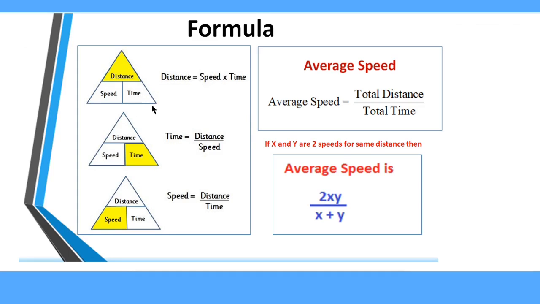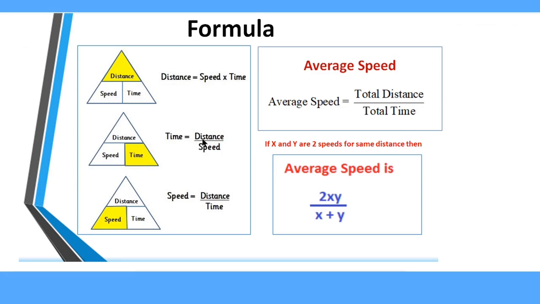If we remember this triangle, then it will be easy for us to remember the formula. Distance equals speed and time being on the same level, speed multiplied by time. Time equals distance divided by speed. Similarly, speed equals distance upon time. So if we remember this triangle, we'll be able to remember the distance, speed, time formula.